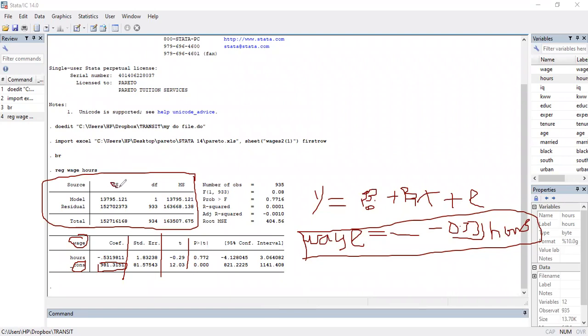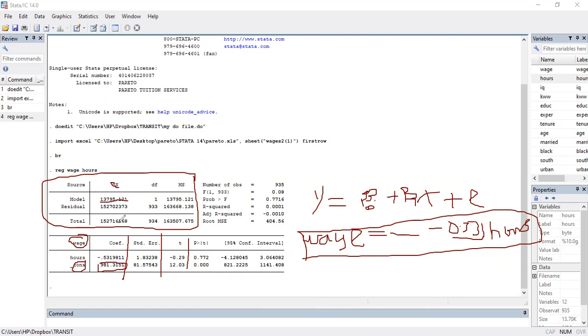This column is for the sum of squares. The model sum of squares is what at times we call the regression sum of squares or explained sum of squares, depending on who is teaching you and the kind of book that person is using. So it is either model, regression or explained sum of squares. And then this is the residual, the error sum of squares.